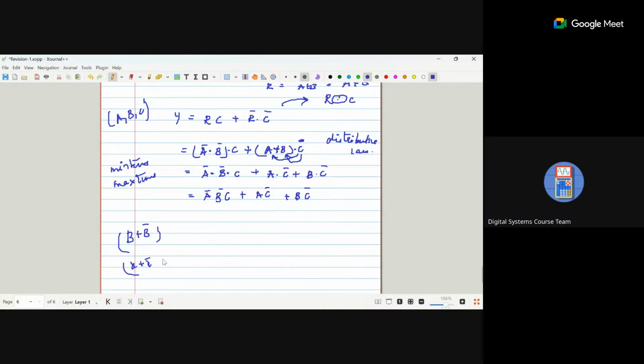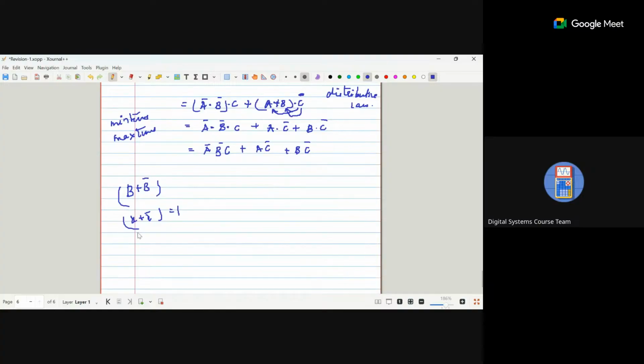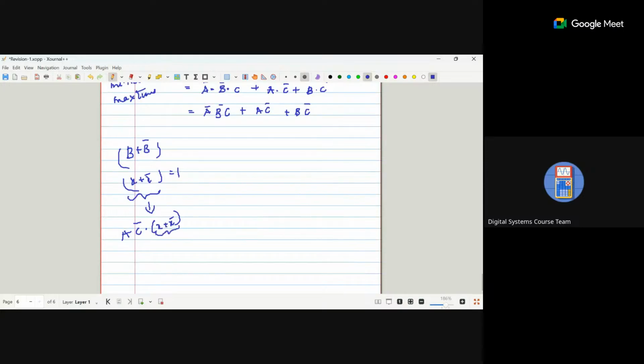What is X plus X bar? One. 1, right? So if X plus X bar is 1 and you introduce this term into any existing term, we know already this is 1. So A C bar and 1. What will be the value of this?